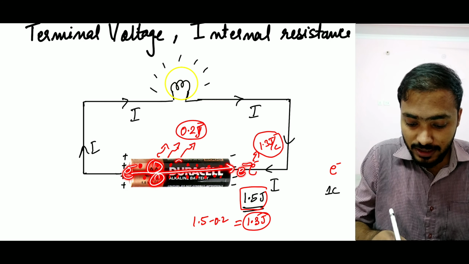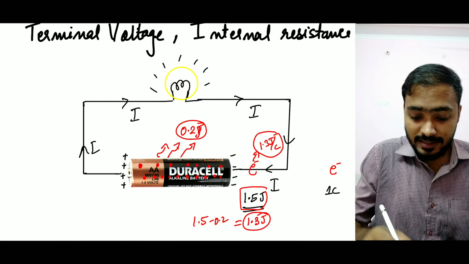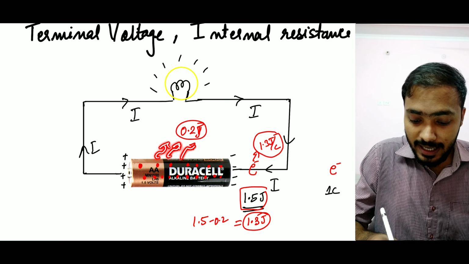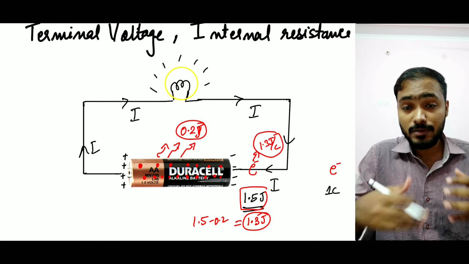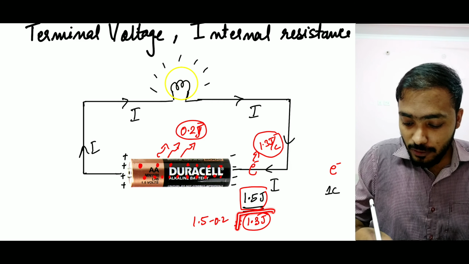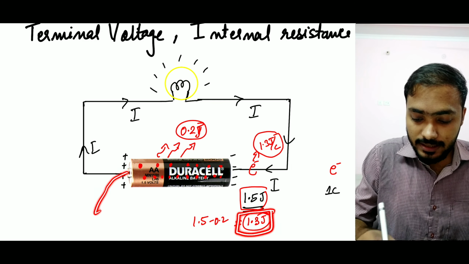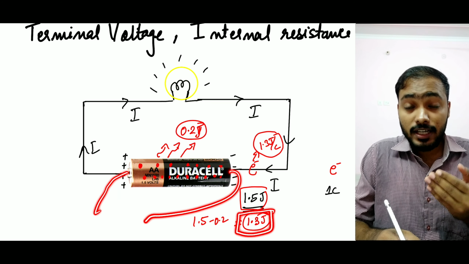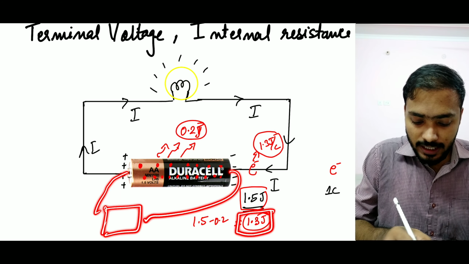It gives some of its energy here and there inside that particle, and as the particle takes energy, the entire system heats up, and some of the energy is released in the form of heat. Because of that, if you connect a voltmeter across it, you will never get 1.5 volt.